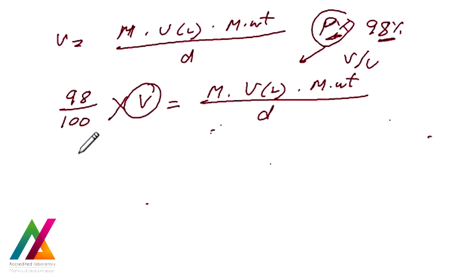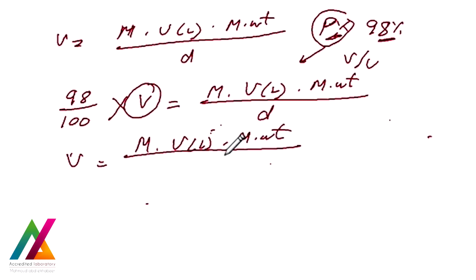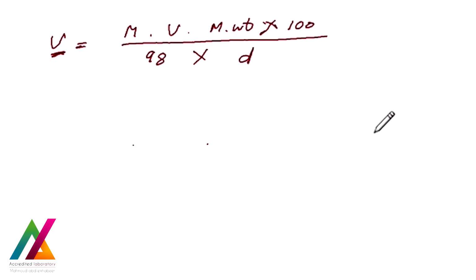So V again will be equal to M V molecular weight multiplied by 100, divided by 98 d.